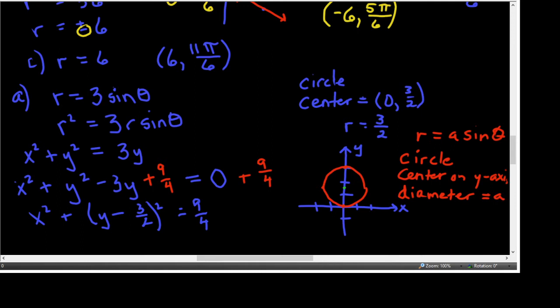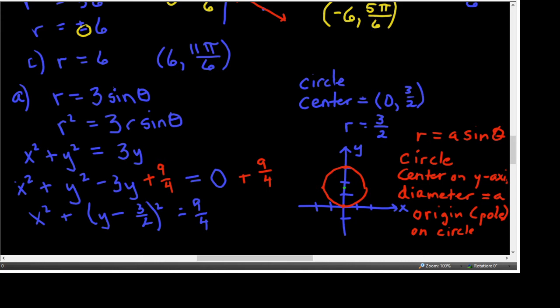Oh, and one other point: the origin, in other words the pole, is a point on this circle. So if it's centered on the y-axis, one of the points on the graph is the pole, and if I go up a, so up 3, that'll put me at the top point of the circle.